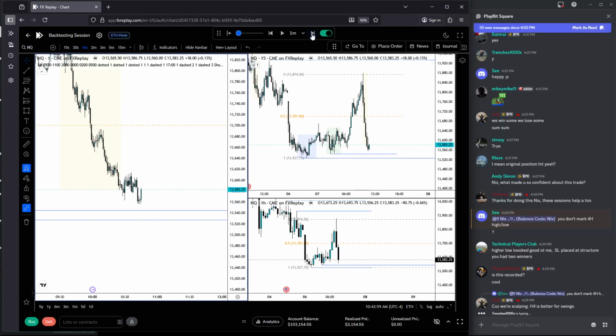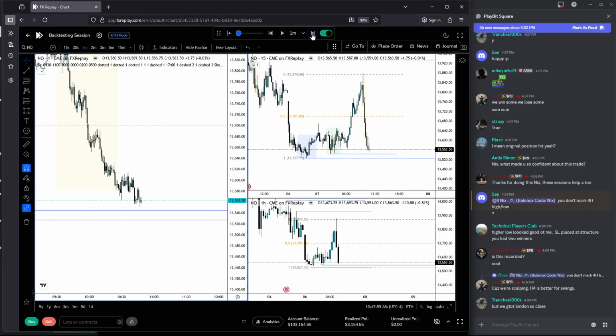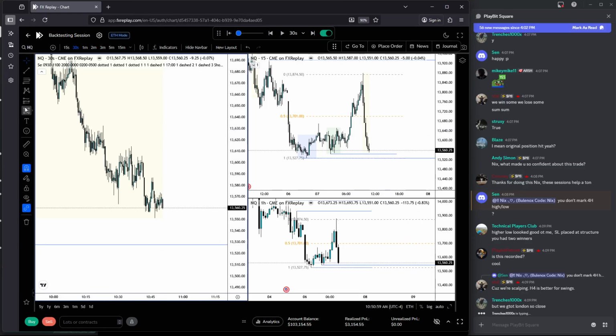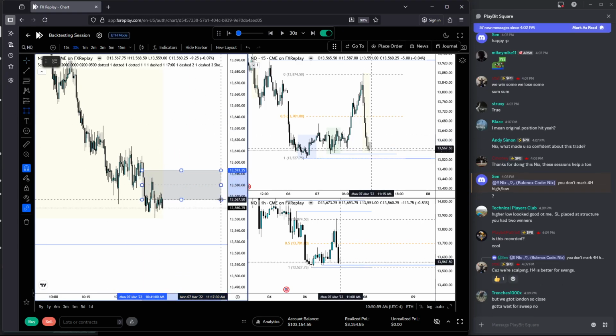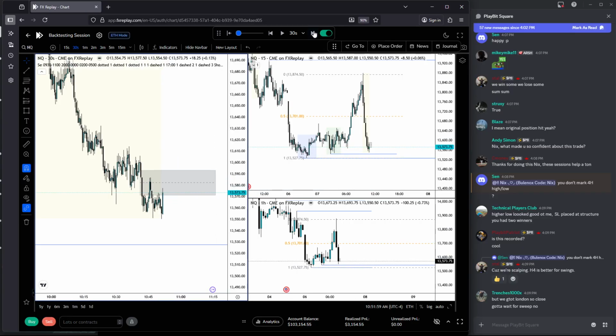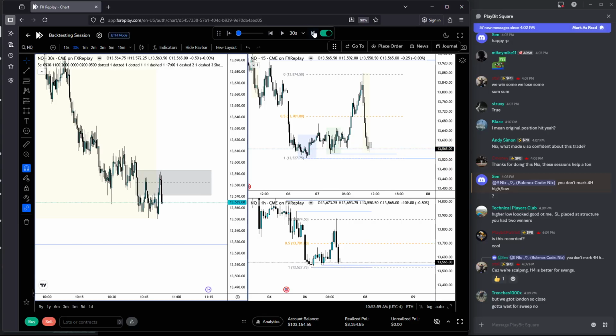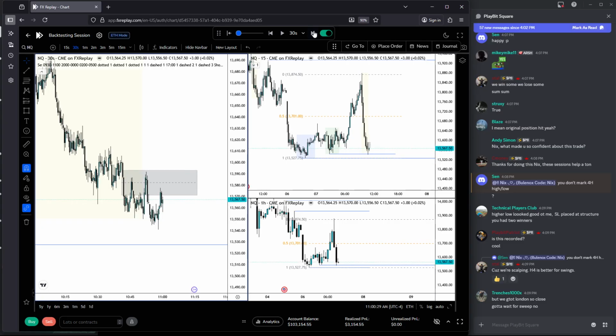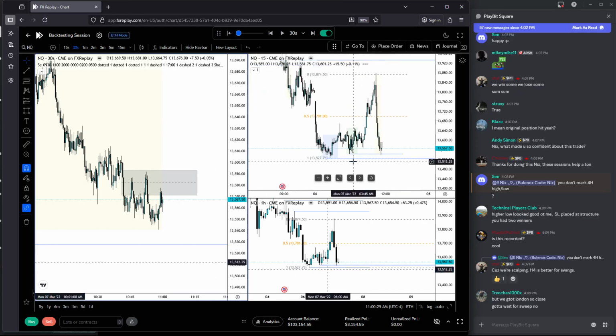Does it even want to sweep that? Oh, these are good gaps. These are nice gaps. But I'd rather first have the sweep. I'm going to take this without the sweep. Okay, NQ, where's the sweep at? Okay, we got the sweep here.